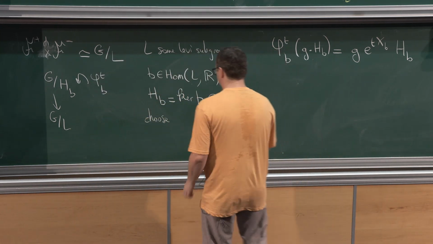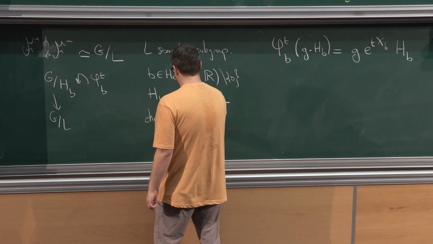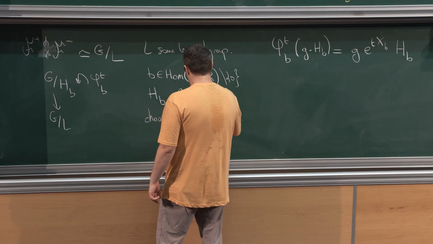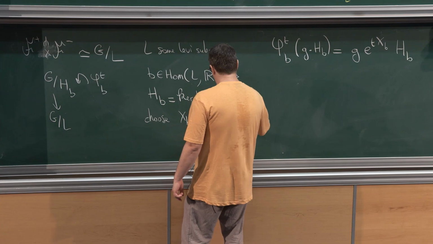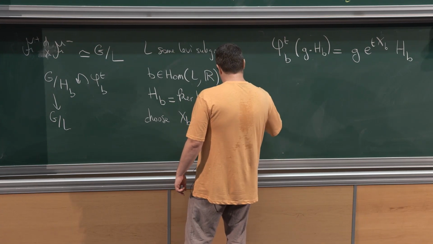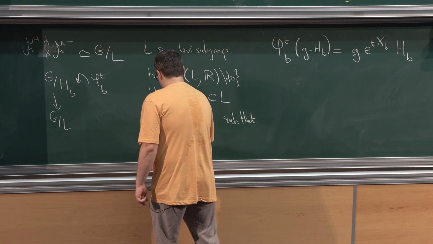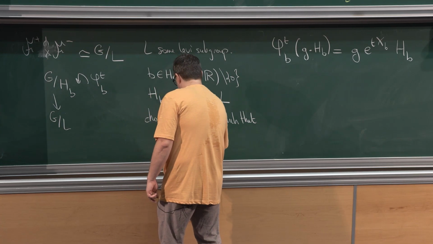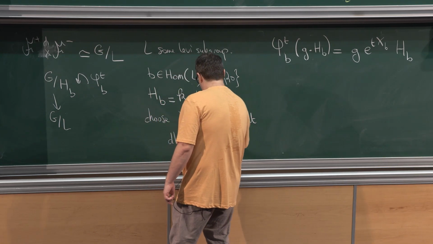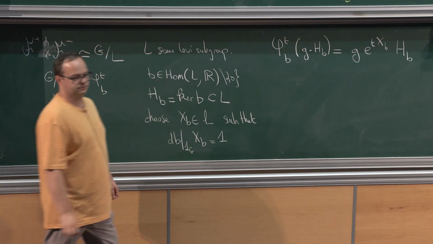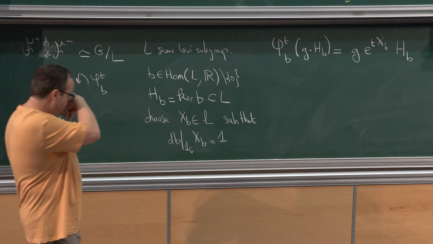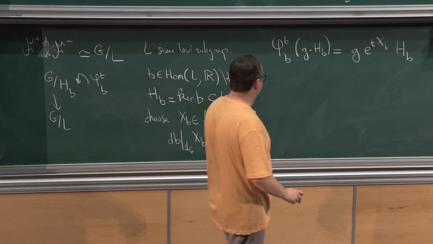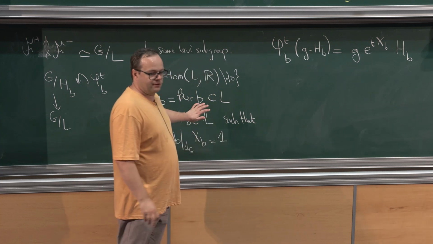So what you're going to choose instead, X is in the Lie algebra, so you'll choose some X_b in the Lie algebra such that b is non-trivial, so if you differentiate b at the identity at X_b, let's choose it to be equal to 1. If b is non-trivial, you can always find such a thing.